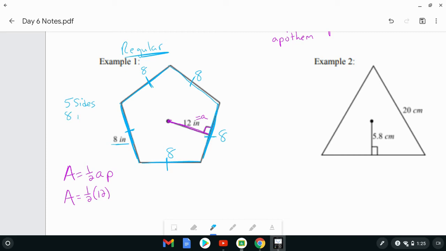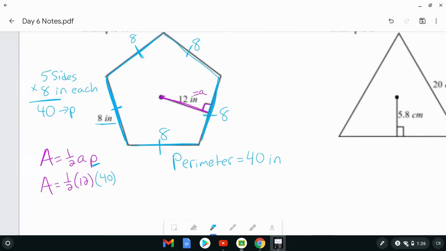Each side is 8 inches. So if we multiply them, you have a total of 40 inches for the perimeter. Okay, so the perimeter, we're going to go ahead and mark, is 40 inches. Again, because it's not an area, so we're going to mark it as just inches. And then we're going to go ahead and plug that in to help us find the area.